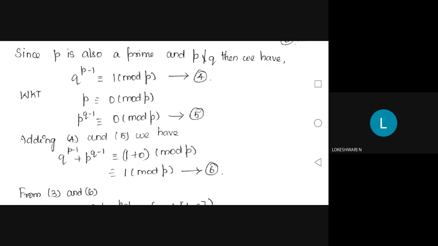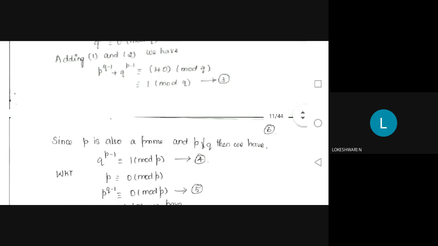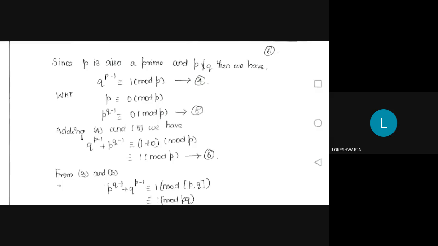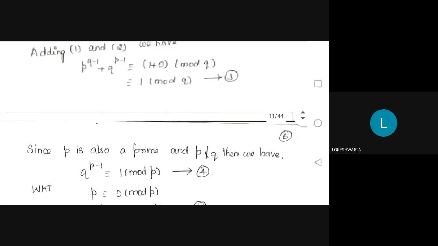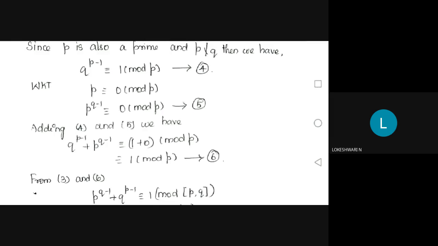Already you have proved equation 3. So from equation 3 and equation 6, both can be combined. In equation 3 the mod value is q, and in equation 6 the mod value is p. But the left hand side combination is the same.